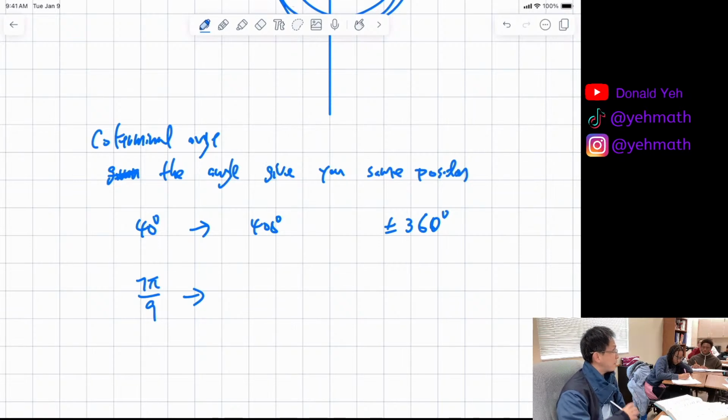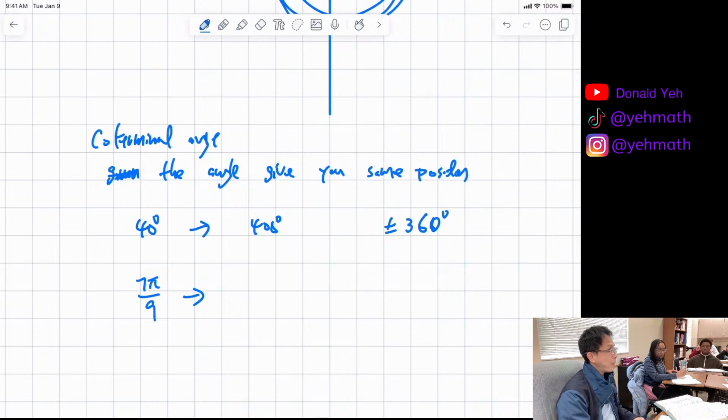So there's an infinite amount of representations of the same position. It can be 0 degrees, could be 360 degrees, could be 720 degrees, could be 1080 degrees. That's the same exact representation. So coterminal angles can be an infinite amount of representations.